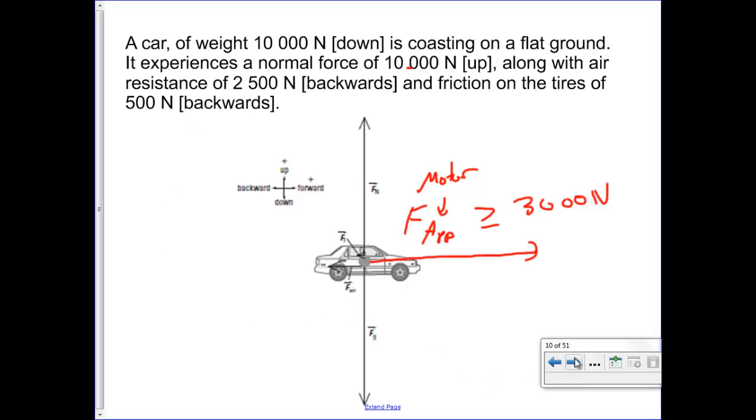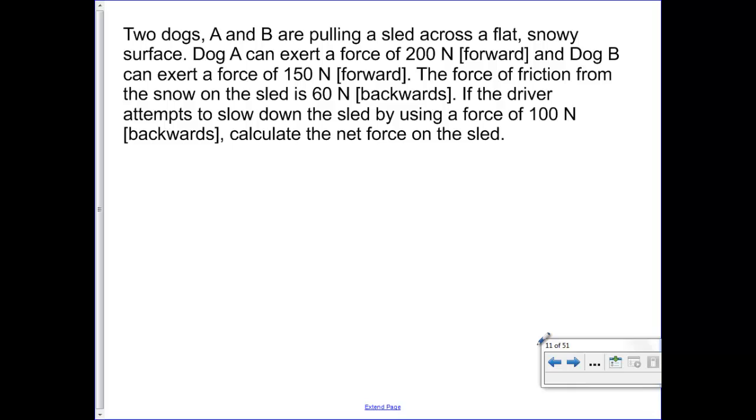Okay. Let's do an example then. So here's something I might ask of you. Why don't I give you 30 seconds to read it first before we start? Like always, it's going to be a word problem, right?